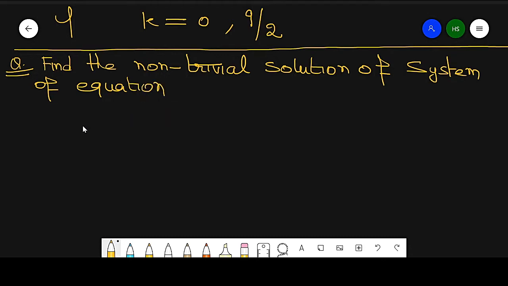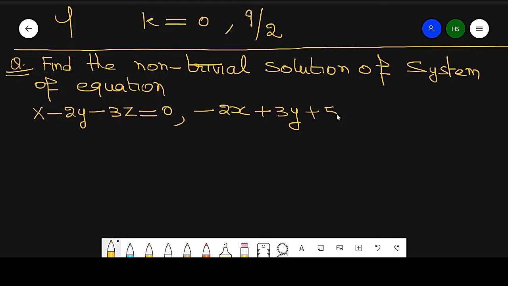So the system of equations is x minus 2y minus 3z is equal to 0. Second, minus 2x plus 3y plus 5z is equal to 0.